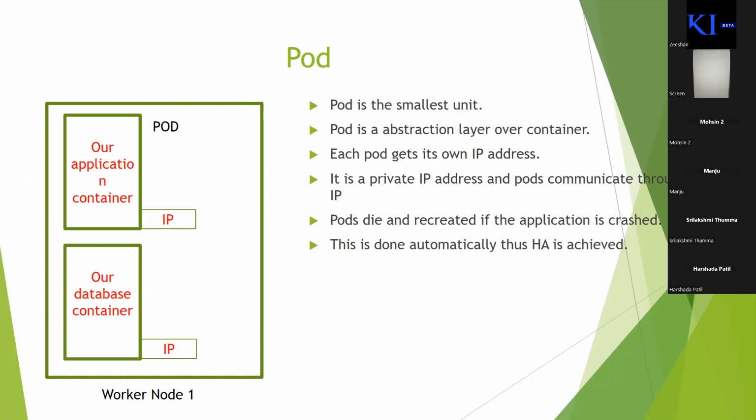This IP address is automatically assigned when a pod is created or recreated. So if a pod is created, an IP is assigned, and if the pod crashes and is recreated, it will have a different IP address, decided by Kubernetes automatically.